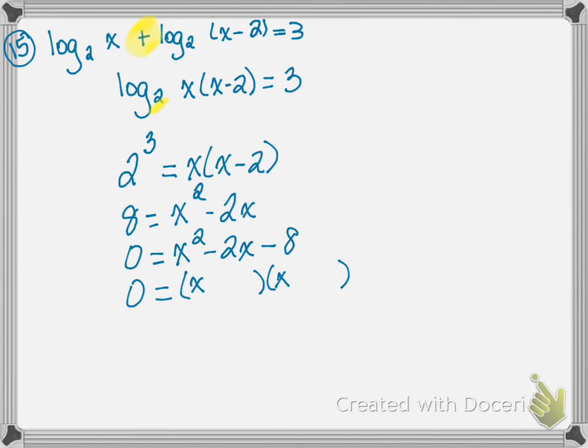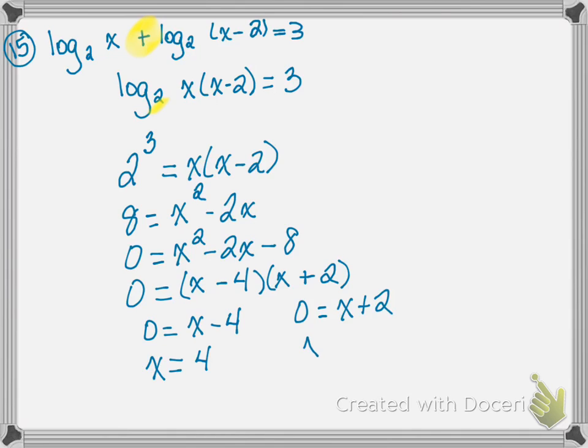So I will have x minus 4 plus 2, because negative 4 times 2 is negative 8. Negative 4 plus 2 is negative 2. So now I'm going to take these and set each one of my factors equal to 0, and I end up with x equals positive 4, and I end up with x equals negative 2.